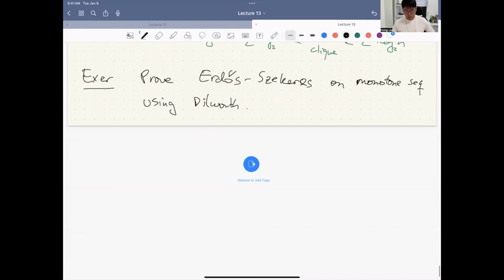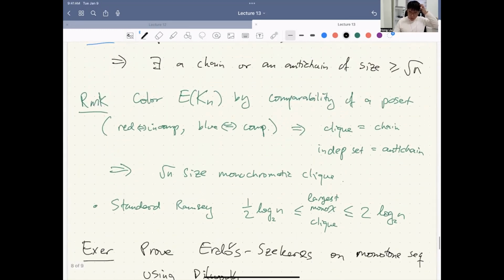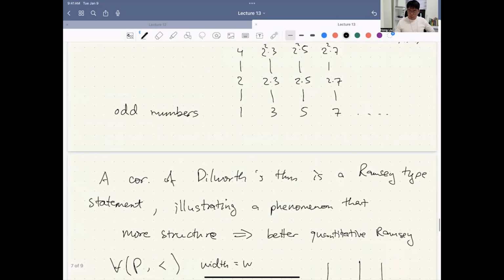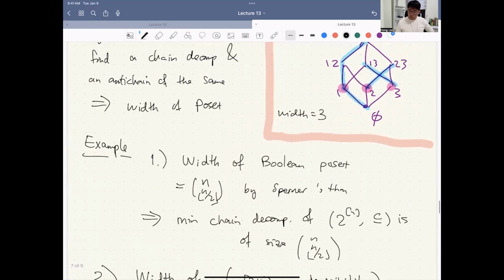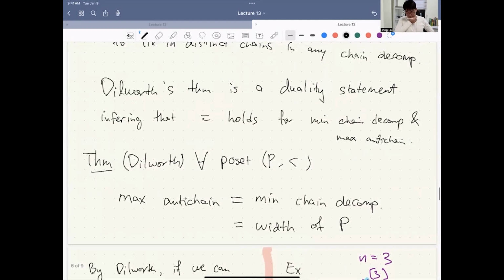It's a very simple exercise. Okay. In the rest of this time, let's start by proving an easier version, which is the dual of Dilworth's theorem, Mirsky's theorem.